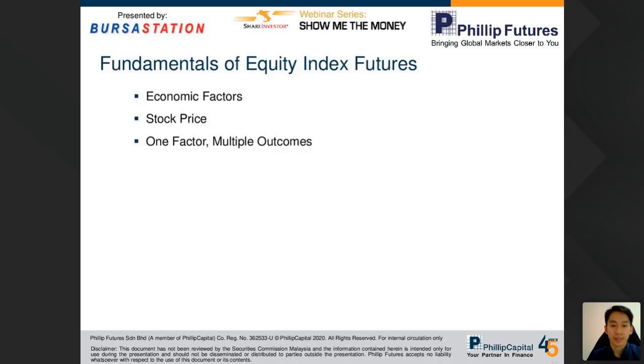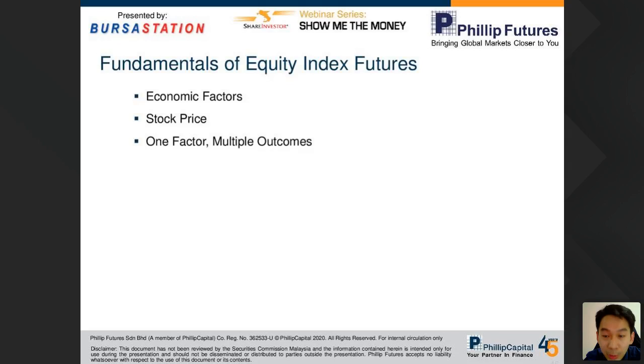Next, just now we covered agricultural futures. Now we'll move on to index futures. Index futures is slightly easier, with slightly fewer factors. There are three factors here that you need to consider. First is the economic factors.